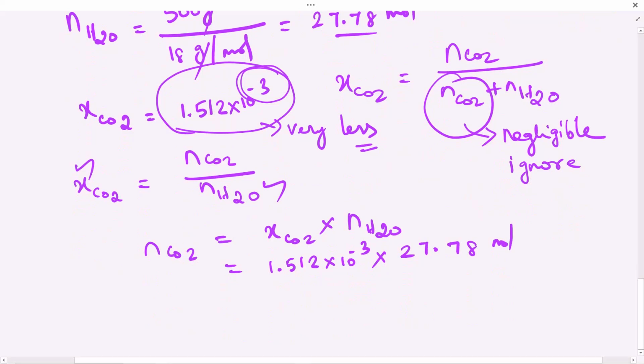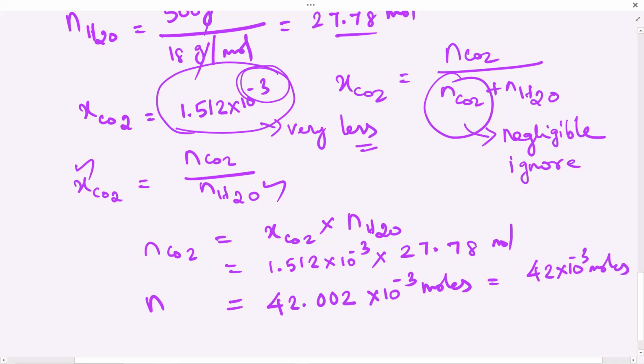Got it? So the value we are getting is 42.002 into 10 to the power of minus 3 moles. So it can be rounded to 42 into 10 to the power of minus 3 moles. This is the number of moles of CO2.